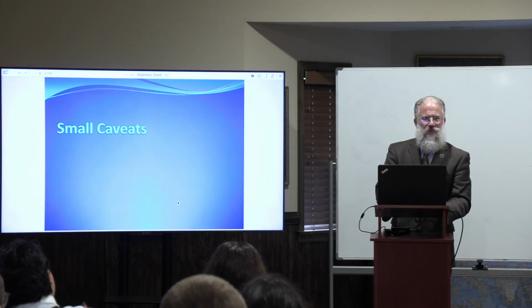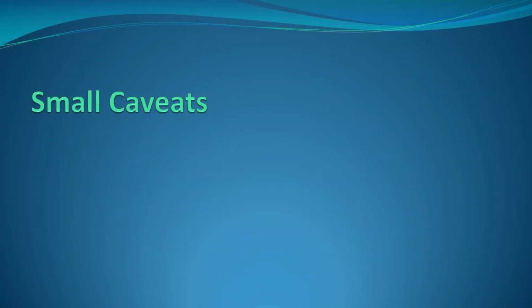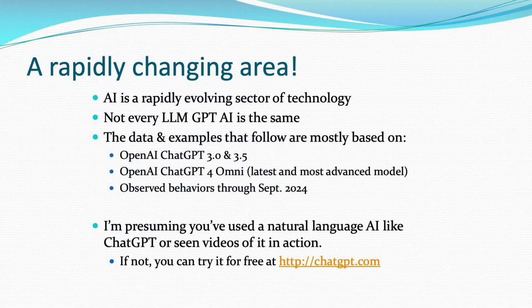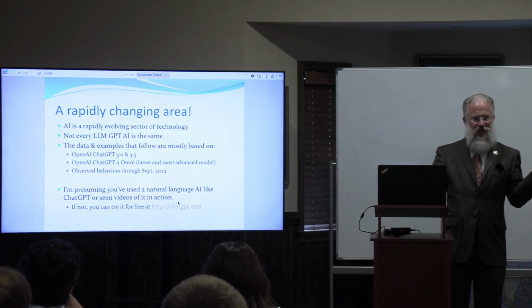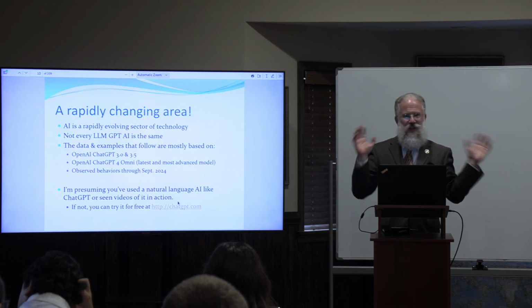Good? A couple of small caveats. One, AI is a rapidly changing area. So, sad fact is this lecture may be outdated in 2 years' time. The technology is constantly being developed and updated. Not every large language model, generative pre-trained transformer AI is the same, so they all have different quirks and advantages.